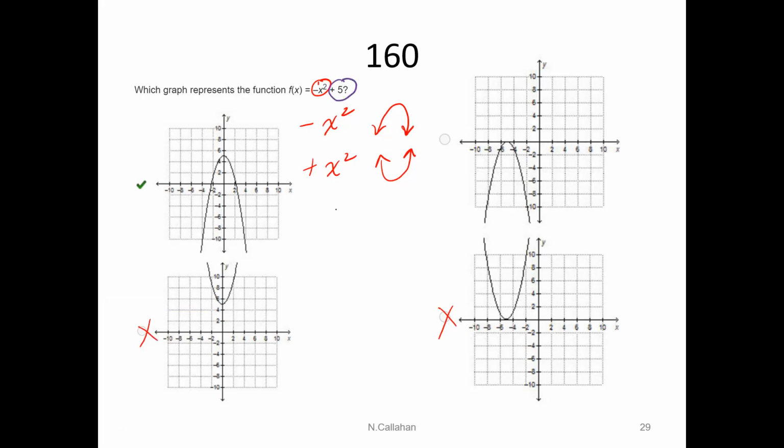Plus 5 means it's 5 up. So which one is a sad face? 5 up. Well, this one's a sad face, but do you see how that 5 is to the left? This one's a sad face and it's 5 up. So A as in apple has to be it, okay? And that's how you determine that answer for this one.